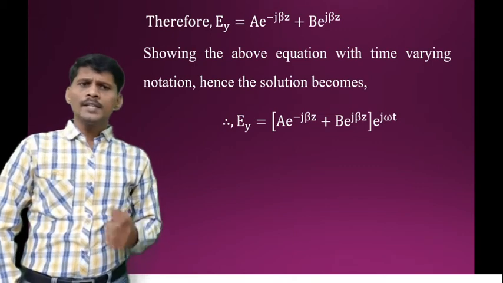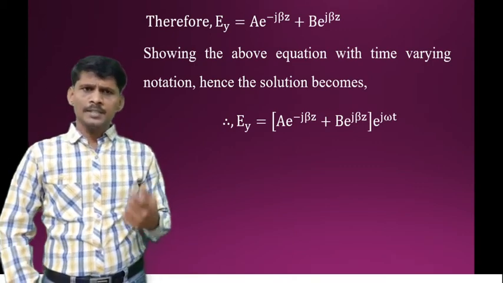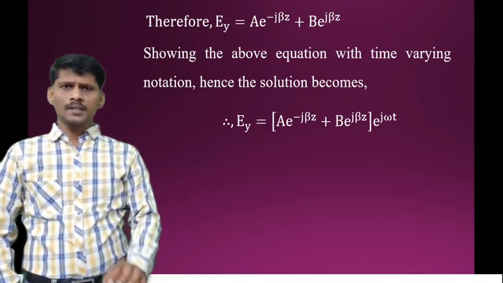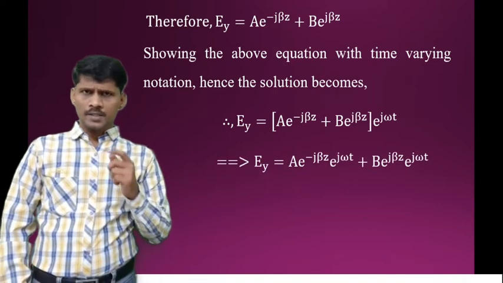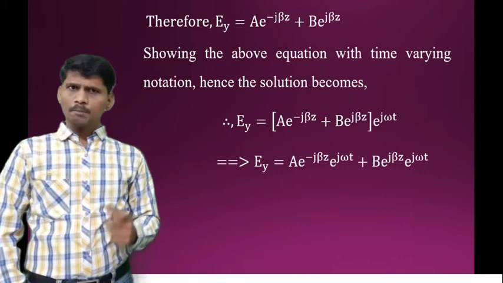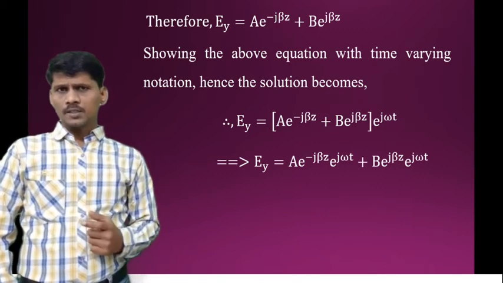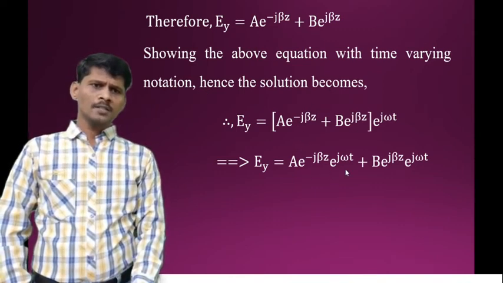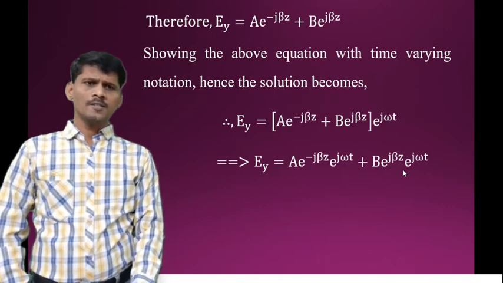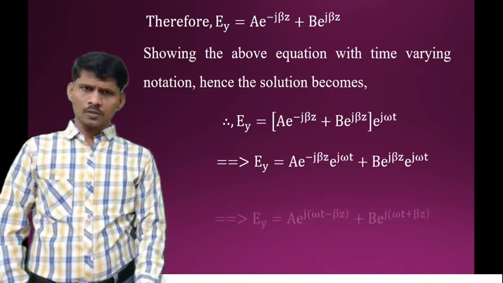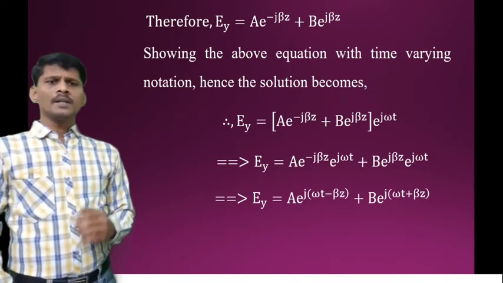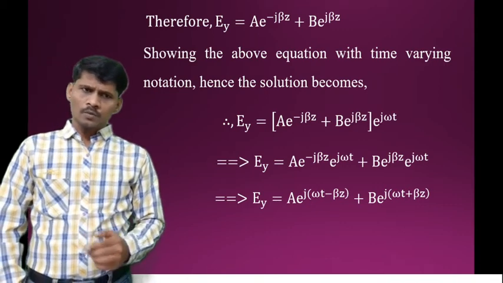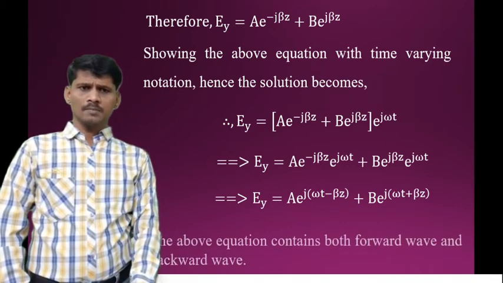Therefore, Ey = (A e^(-jβz) + B e^(jβz)) e^(jωt). Multiplying e^(jωt) within the bracket, we have A e^(-jβz) e^(jωt) + B e^(jβz) e^(jωt). These exponential terms combine, giving Ey = A e^(j(ωt - βz)) + B e^(j(ωt + βz)).